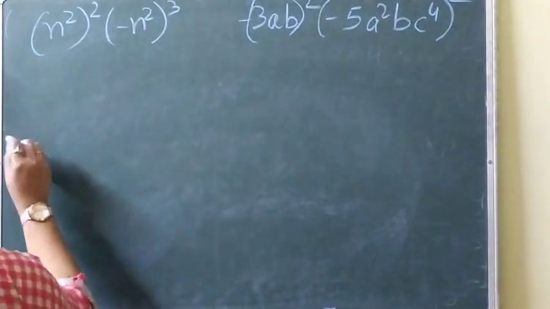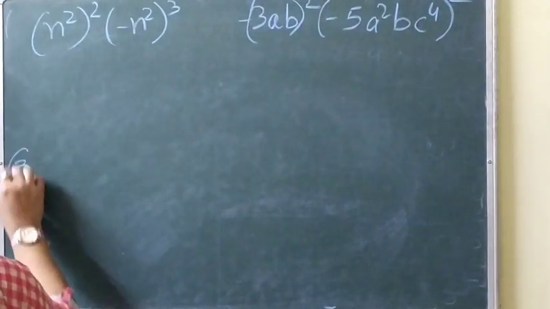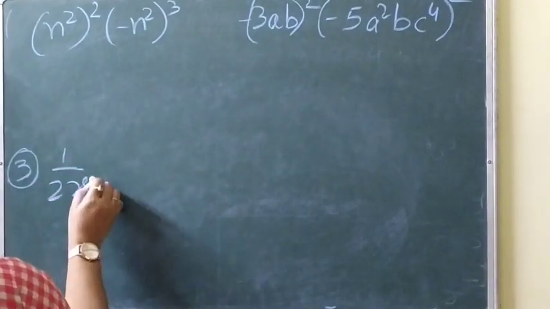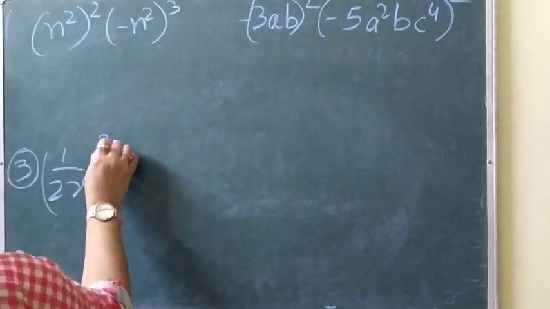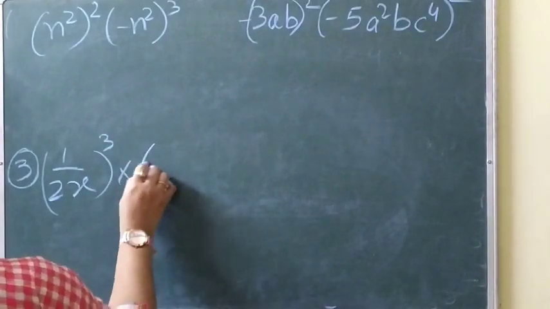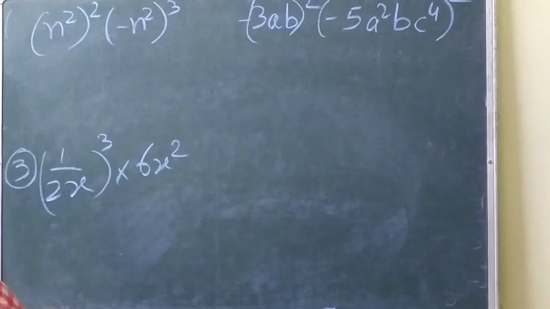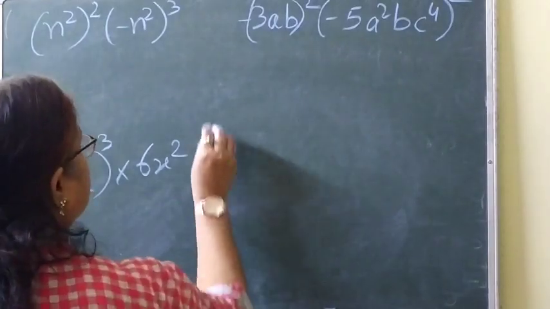Okay, let's write the third one also. I hope I'll get enough place here. 2x and here is 3 into 6x square. Okay, and next one is question number 4.